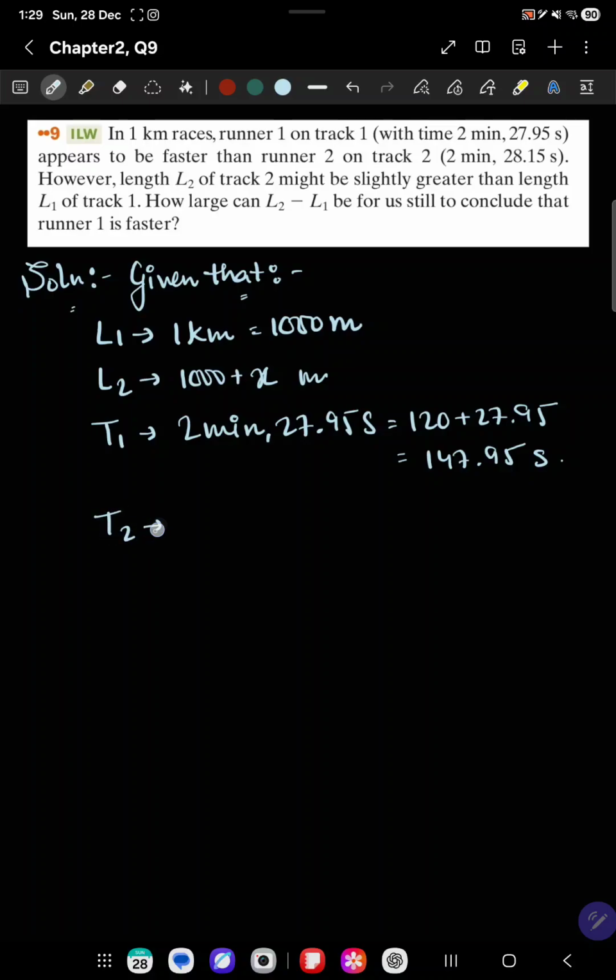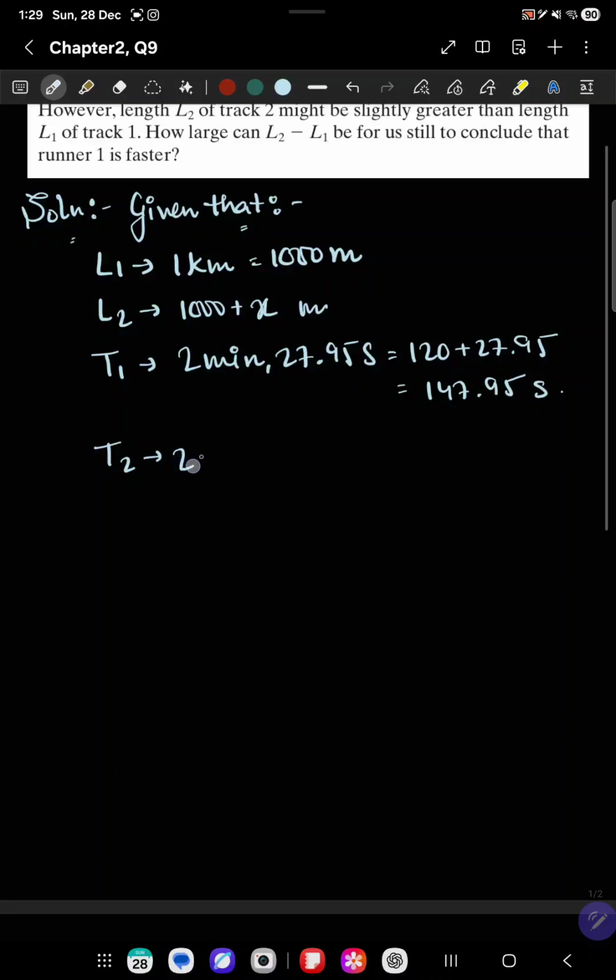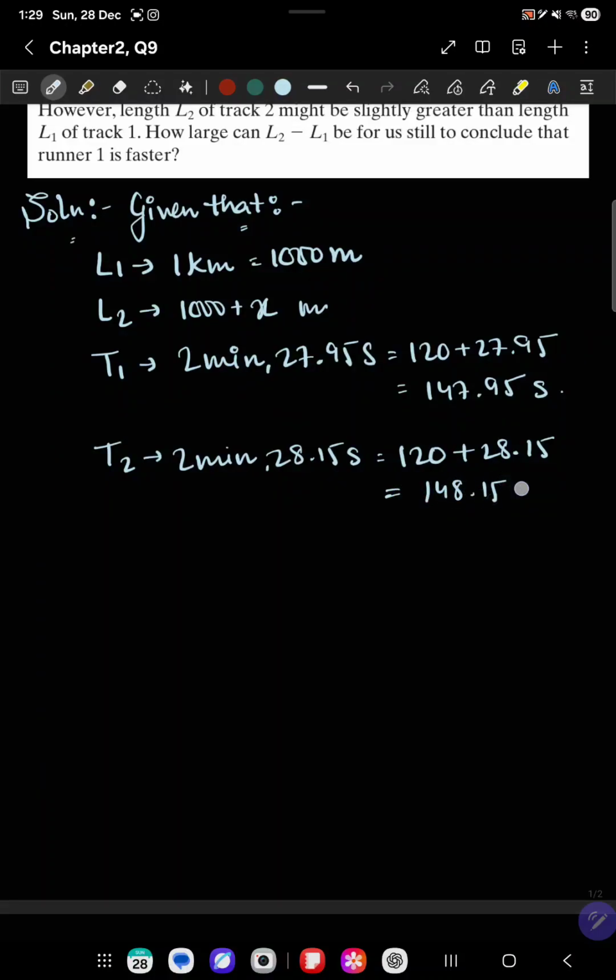Now for t2, it is given as 2 minute and 28.15 seconds. So again we can convert it into seconds, so this will give us a value of 148.15 seconds.